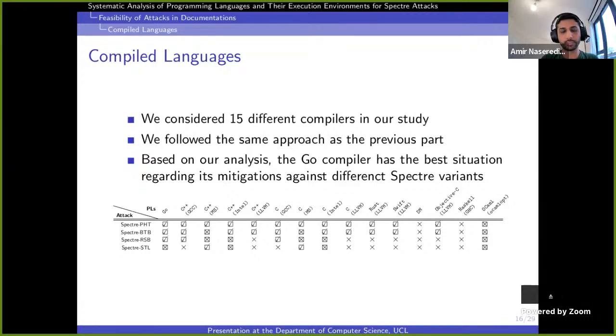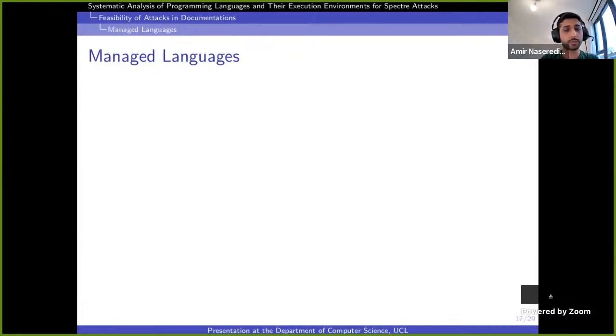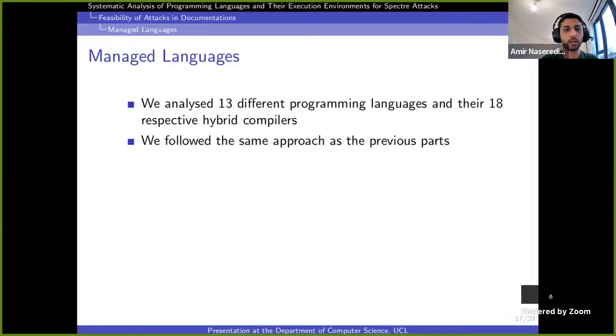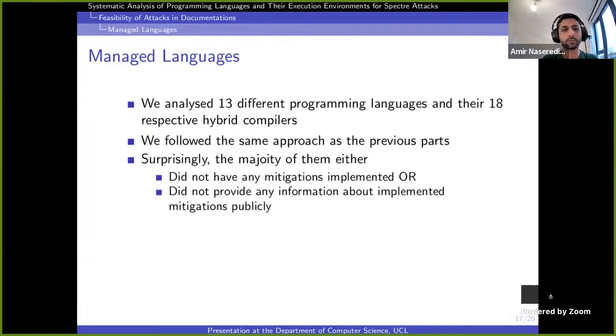As you can see, this is the result of the analysis that you can find in the paper as well. The next one was about managed languages. We analyzed 13 different programming languages and subsequently 18 hybrid compilers. We followed the same way that we did the analysis in the previous parts.